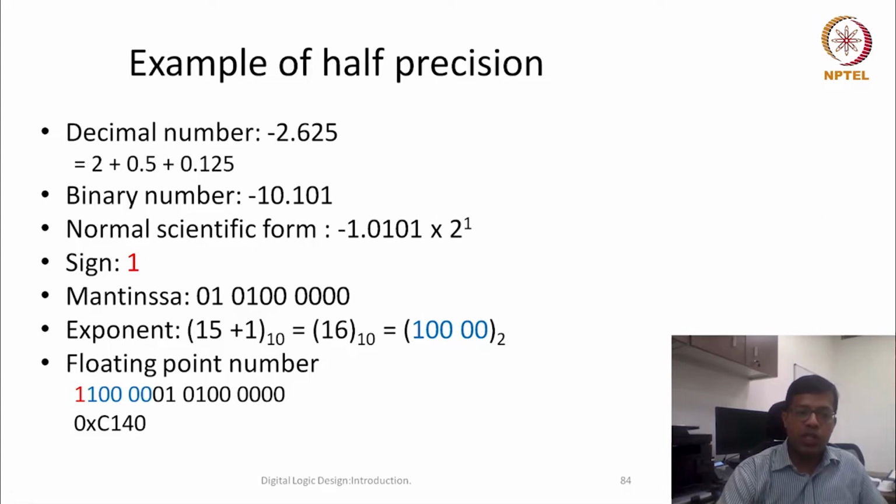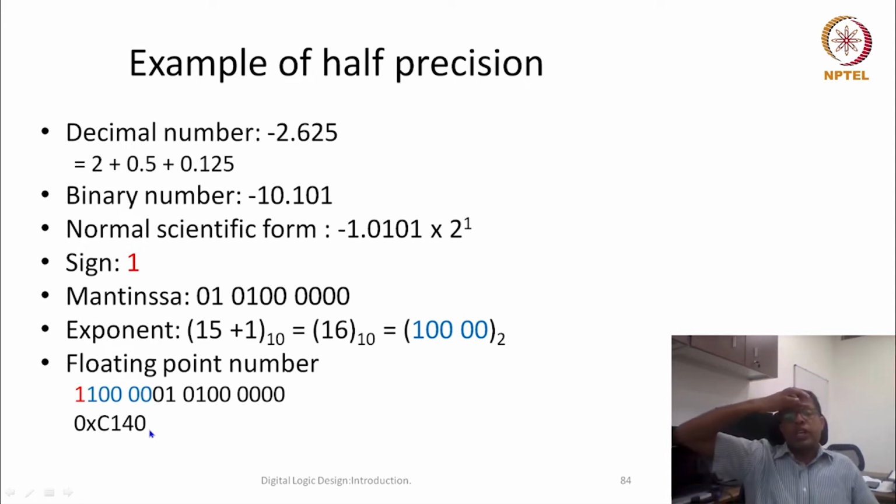So this 1100 will become C, 0001 is 1, and 0100 is 4, and these 4 zeros will be 0. So this way, if we are given any number, we can understand how to convert that number into a floating point number of half precision, single precision, double precision, or whatever is the given thing.